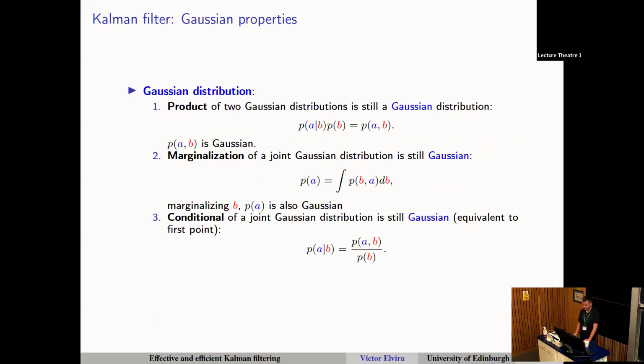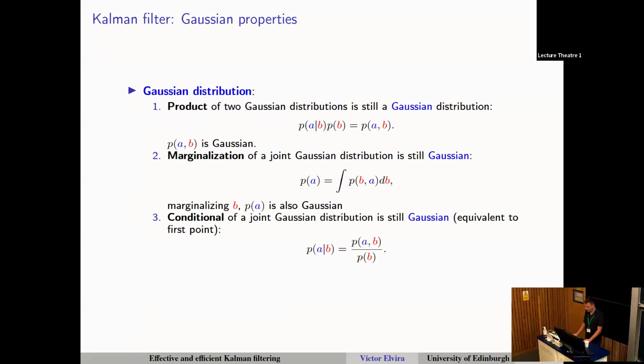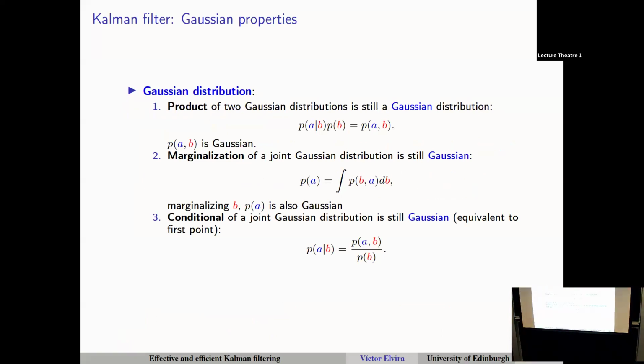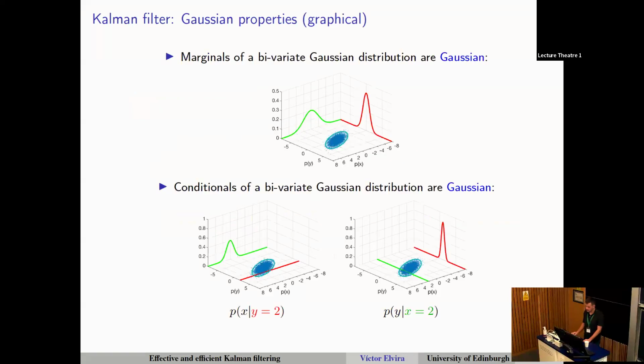Dennis yesterday showed us the Gaussian distribution properties, and maybe Peter also had it in the slides. The Gaussian distribution has very nice properties. For example, if the joint is Gaussian, then the marginals are Gaussian as well, and the conditionals are going to be Gaussian. I will skip that, just to show you a representation. This is a bivariate Gaussian distribution.